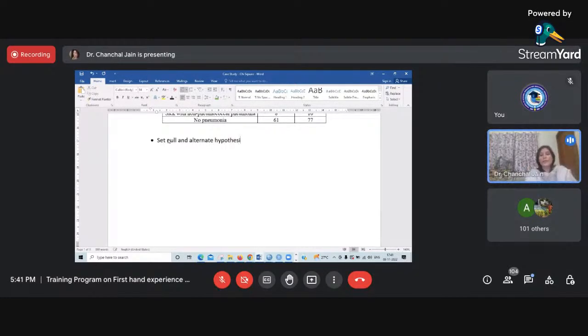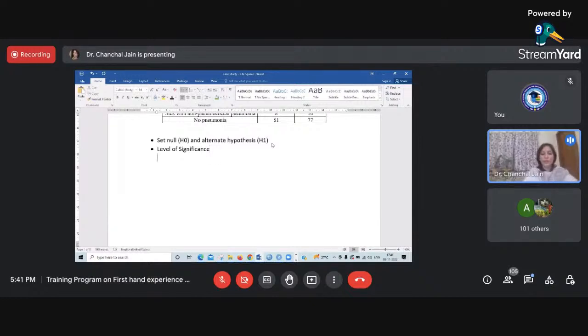So firstly, we need to create the null and alternate hypothesis. The alternate hypothesis we generally represent by H1 or HA, and the null hypothesis by H0. Now, the second step is to decide upon the level of significance. That means the chance or percent of committing a type 1 error that we need to set.